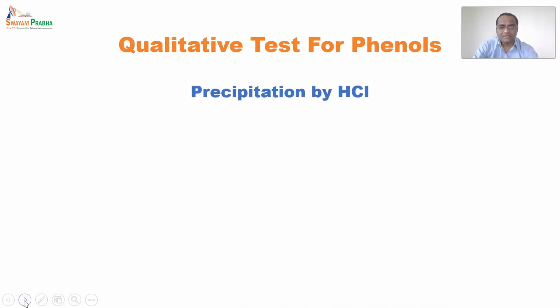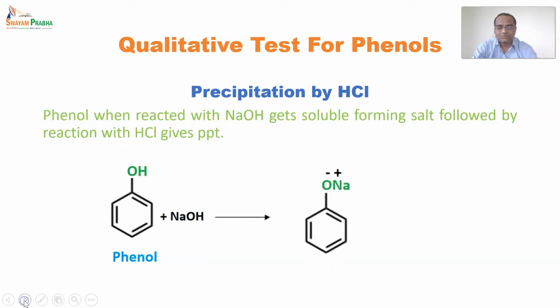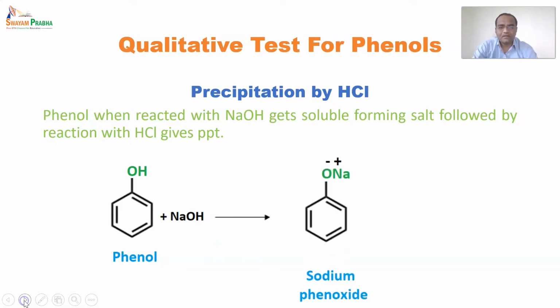The next test for phenol is precipitation by HCl. When phenol is treated with NaOH, it gets soluble, forming a salt, and followed by reaction with HCl it gives a precipitate. So when phenol is treated with NaOH, the first observation is the formation of sodium phenoxide, so it gets solubilized.